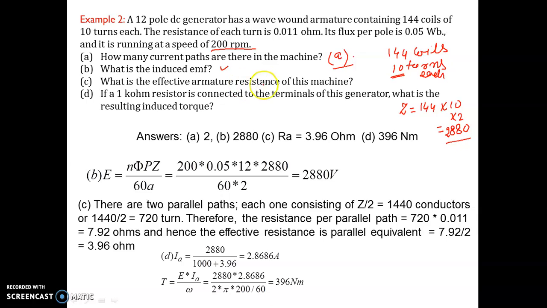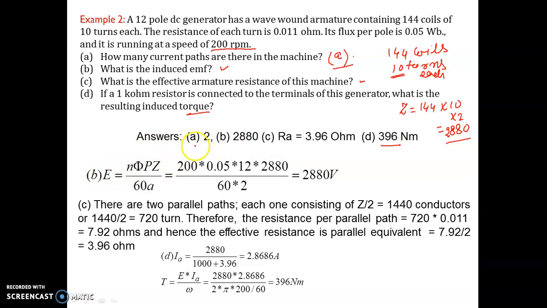What is the effective armature resistance of the machine? If a 1 kilo ohm resistor is connected to the terminals of this generator, what is the resulting induced torque? So I am solving this.